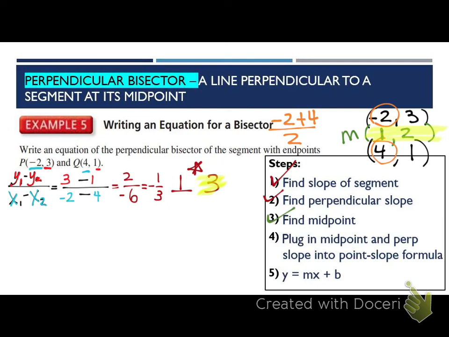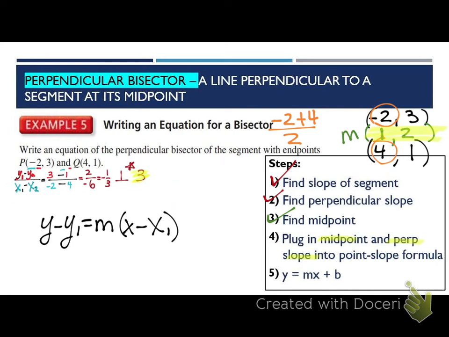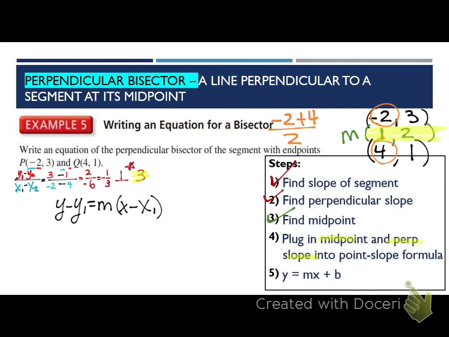Now we're going to plug in the midpoint and the perpendicular slope into the point slope formula. Y minus y1 equals m times x minus x1. So y minus, x minus. All right, so what's the y that I'm going to plug in? 2. It came from my midpoint.